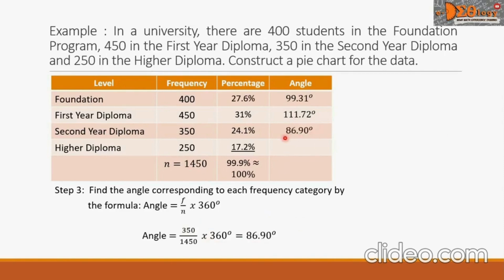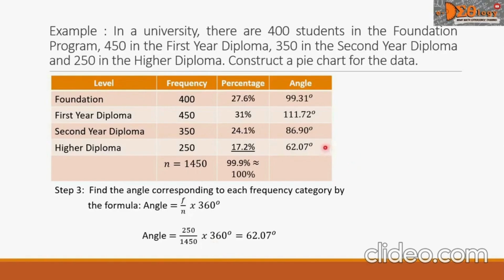The next is 86.90 degrees. This value comes from 350 divided by 1450 times 360 degrees. And the last blank is equal to 62.07 degrees. This comes from 250 divided by 1450 times 360 degrees.